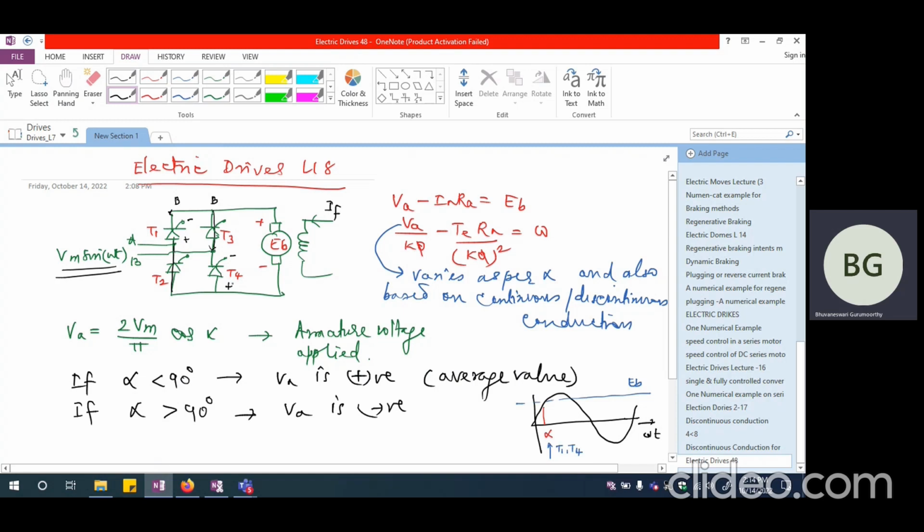So if T1 and T4 start conducting at this point when I am firing at alpha, then now if T1 becomes a short circuit, I should show it as a short circuit like this. And if T4 is a short circuit, this becomes a short circuit like this.